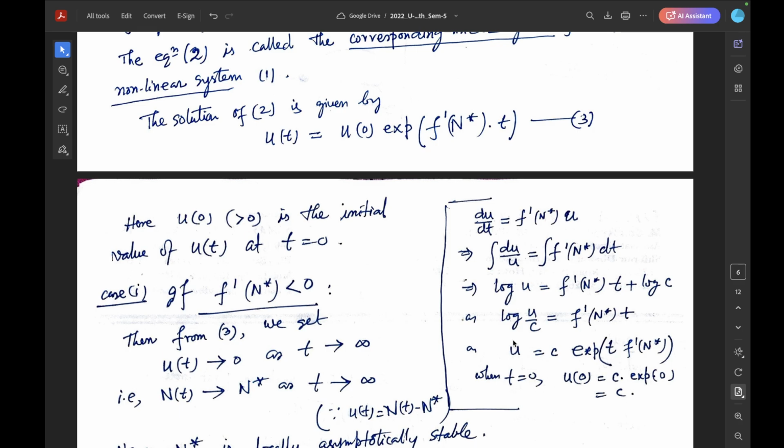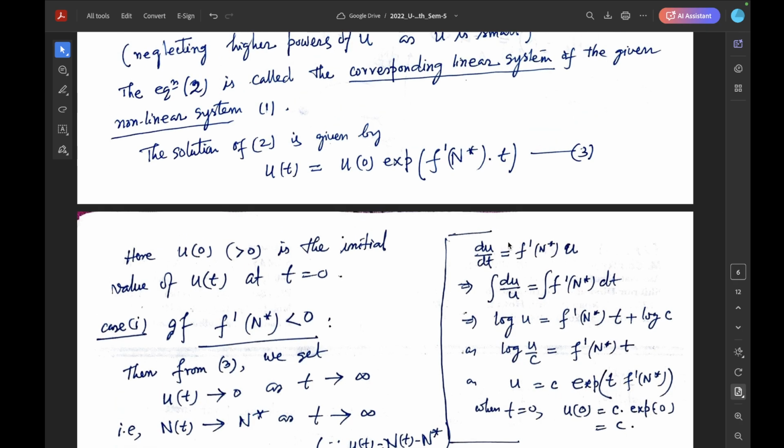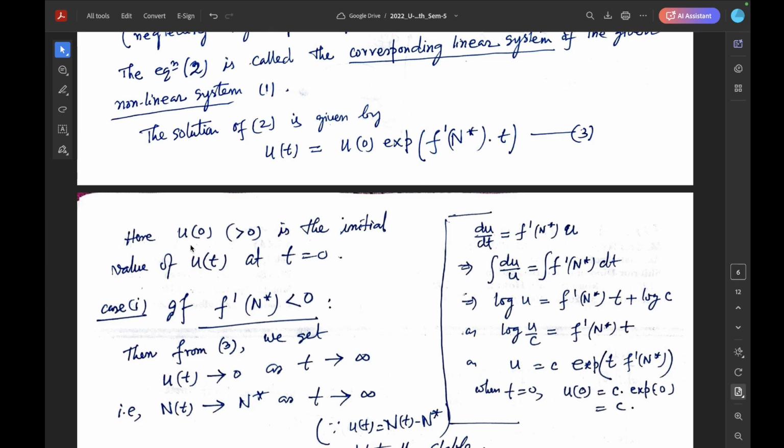When t equals 0, u0 is equal to c. So we can write u(t) equal to this. Here u0, positive, is the initial value of u(t) at time t equal to 0.